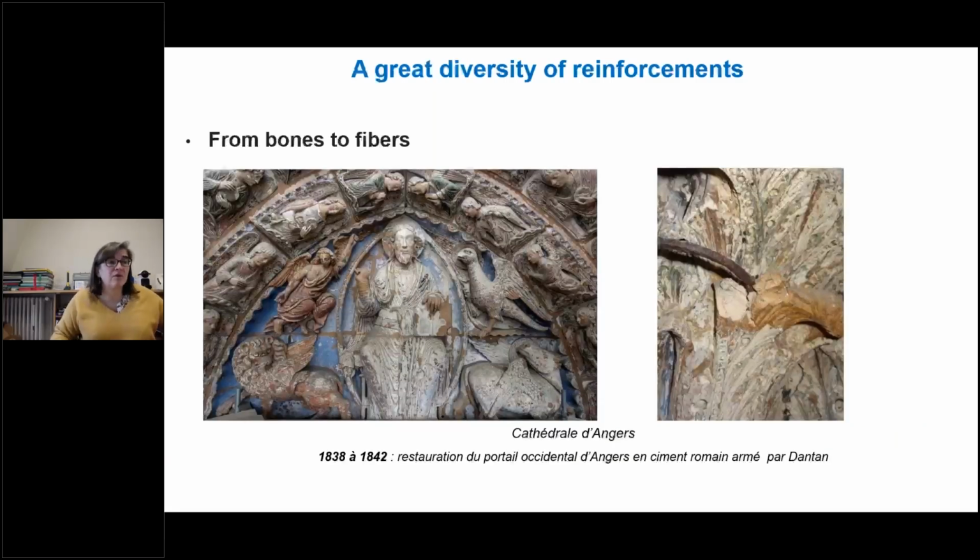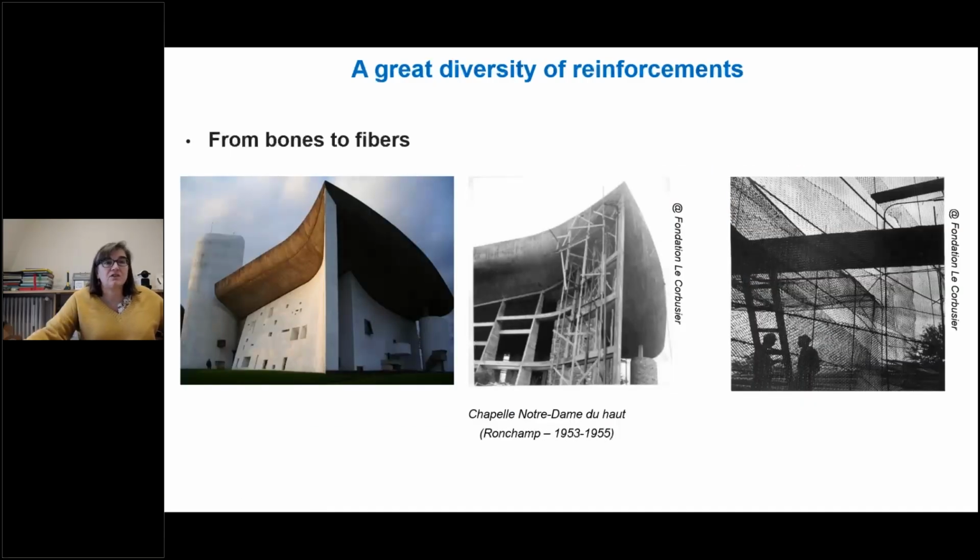Another cathedral of the 19th century: all the ochre parts are natural cement repairs on this stone cathedral, and as you can see, they were reinforced with rebars. Then we also have such types of rebars. Here we are in Chapelle Notre-Dame-du-Haut in Ronchamp by Le Corbusier, and you can see a network of rebars, really unusual. We've got the standard ones and a grid.